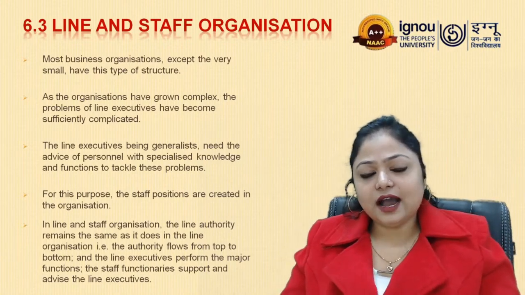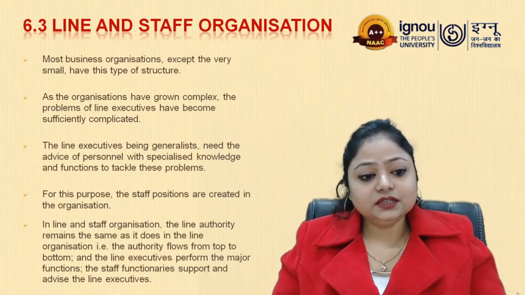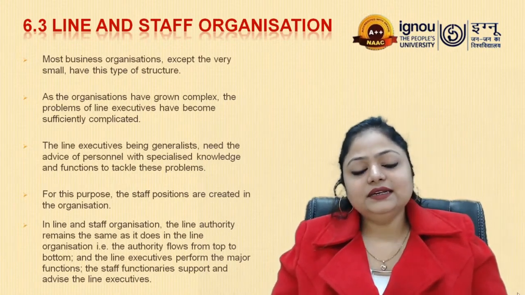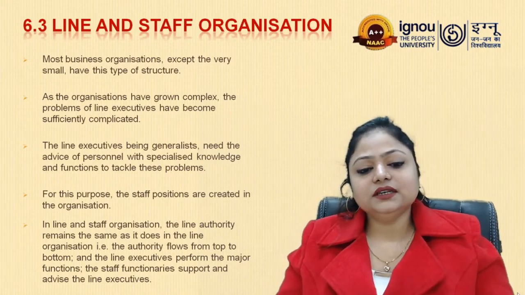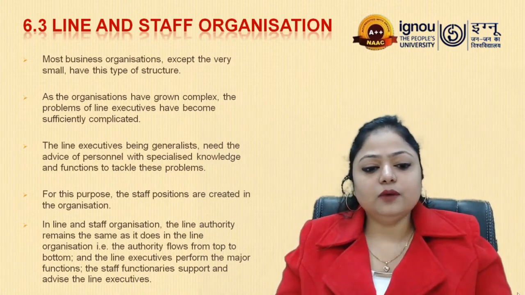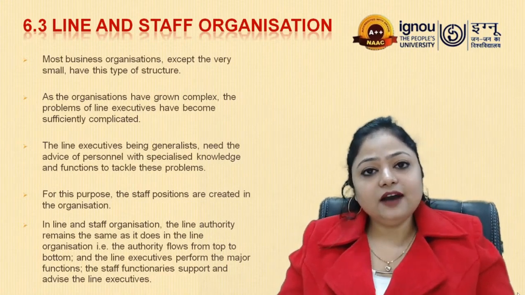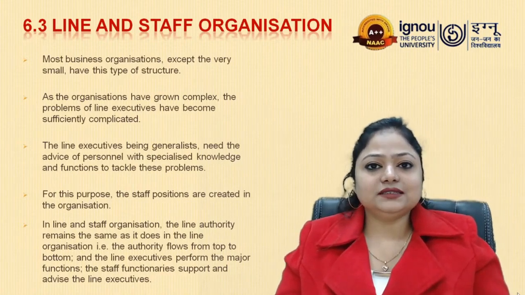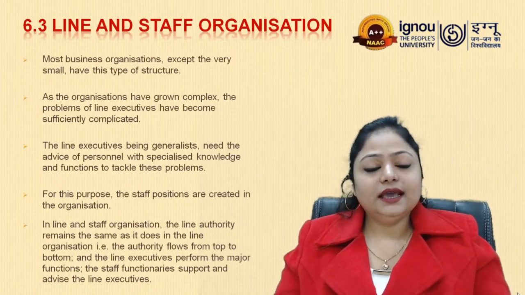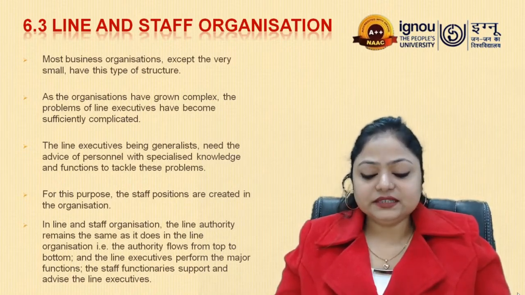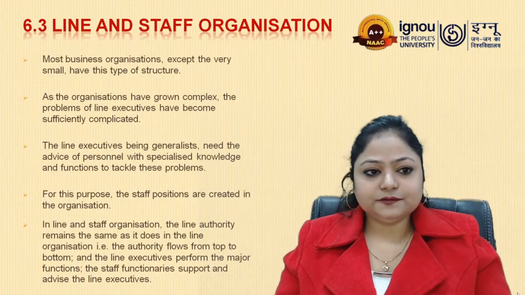In the line and staff organization, the line authority remains the same, and the authority flows from top to bottom. The line executives perform various functions, and staff functionaries support these line managers and advise them for better performance in the organization.